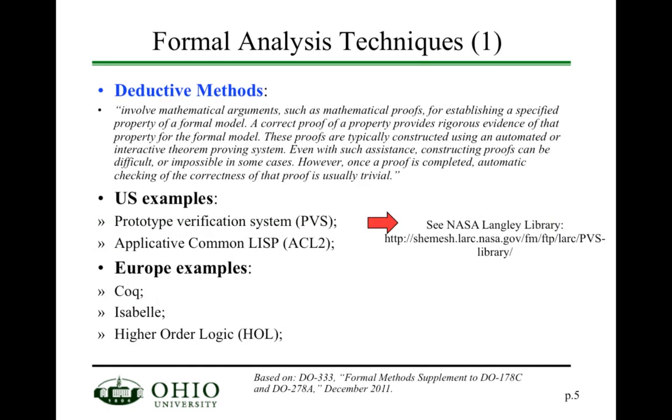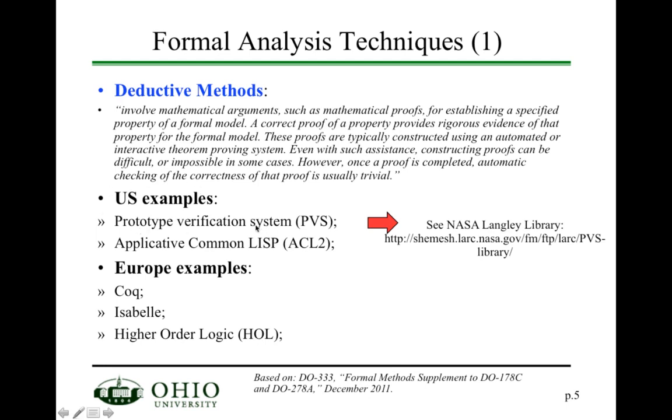In the deductive methods, you specify a formal model, and then you mathematically prove a particular property or a particular specification of this formal model. The correct proof of a property provides rigorous evidence that that property is present in this particular formal model.